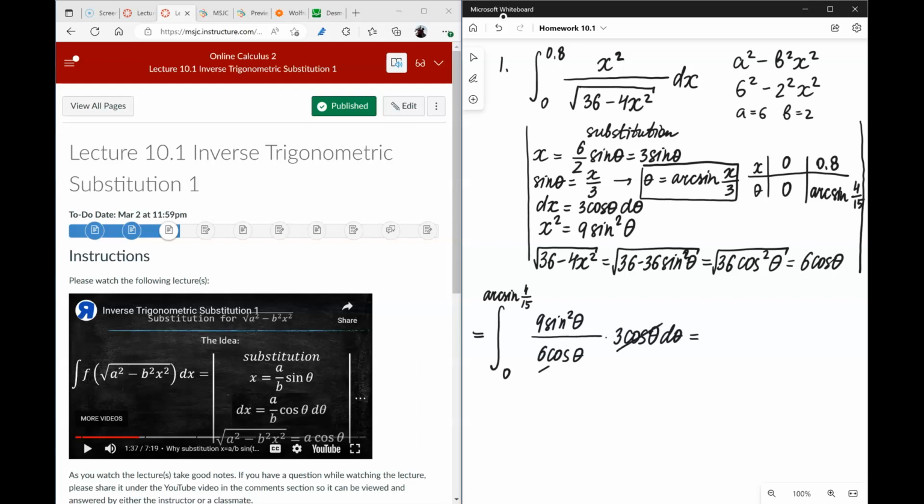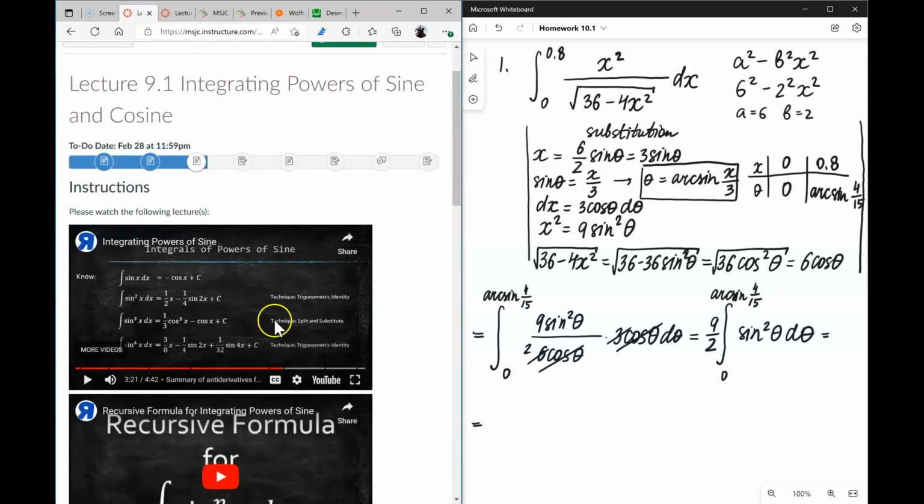Simplifying everything and cleaning up the integral gives us this. The integral of sine squared theta d theta, by now it's considered one of the simple ones. To find it, you can either do it by hand following the approach discussed in the lecture, or you can just use this as a fact.